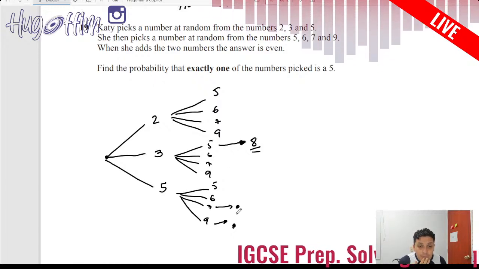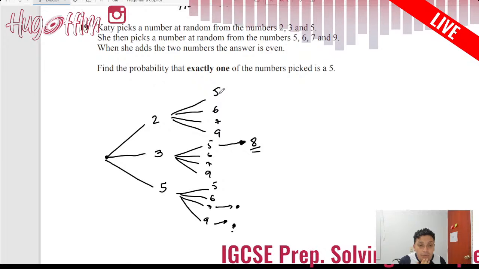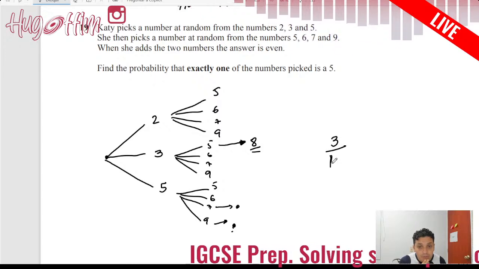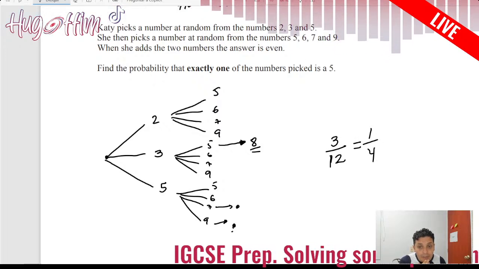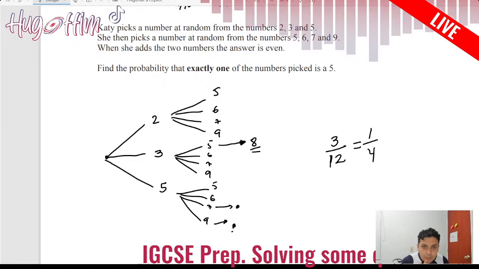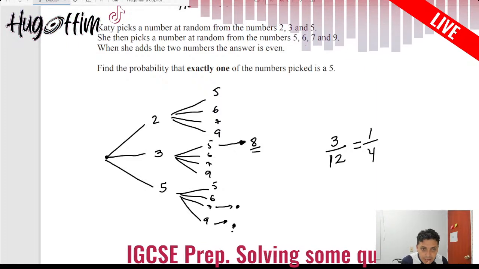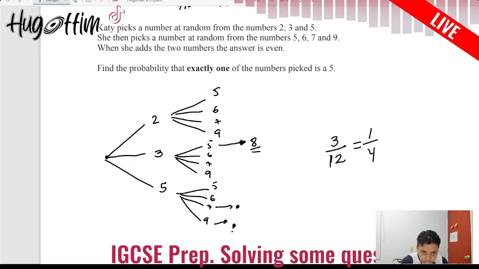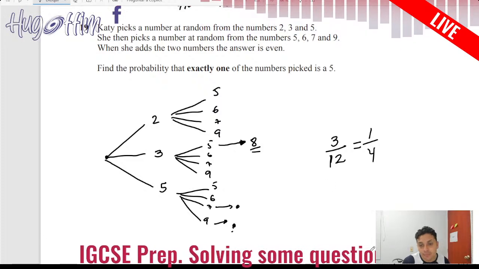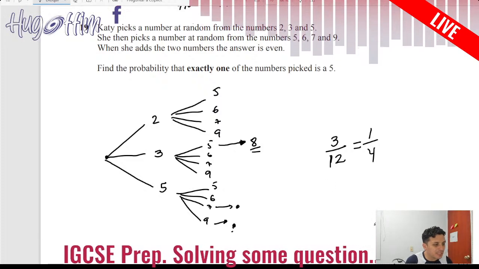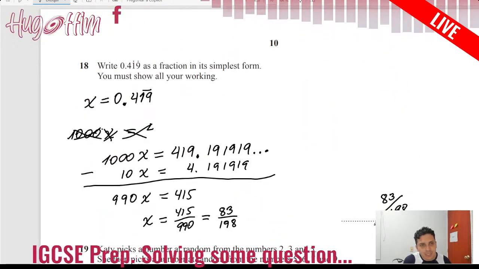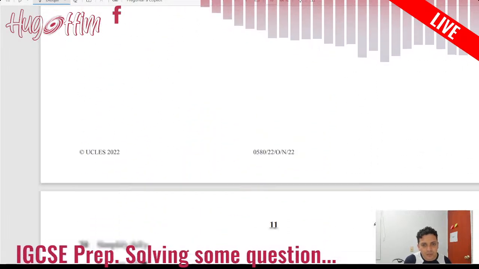So I have 3 options out of 4 times 3, 12. So this is going to be a quarter. Yes, 1/4. Okay, this page was about probability and fractions and decimals.